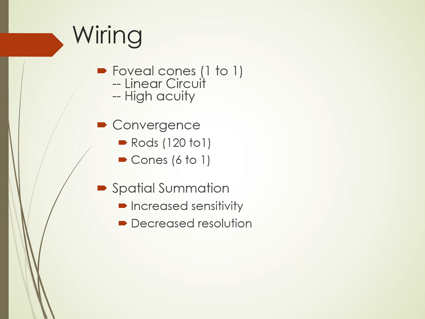When we move out of the fovea and go into the periphery of the retina, we have convergence. With the cones, that convergence is 6-to-1. We have fewer cones than we do rods, and they're converging onto these retinal ganglion cells that are going to send that information to the brain. But their convergence is 6-to-1, whereas the rods' convergence is about 120-to-1. So you can see they're not getting the same kind of representation in the brain.